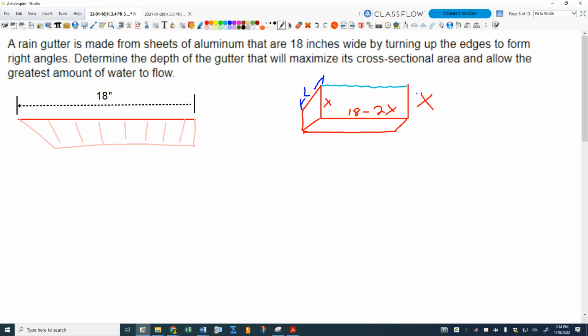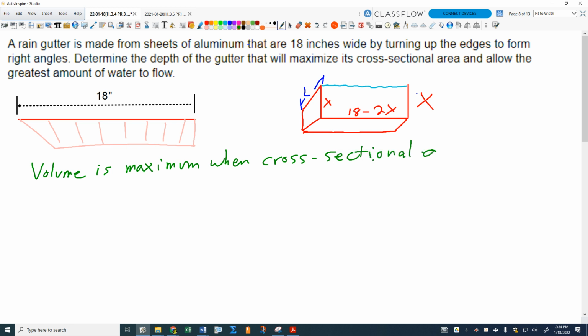Okay, so volume is maximum when cross-sectional area is maximized.